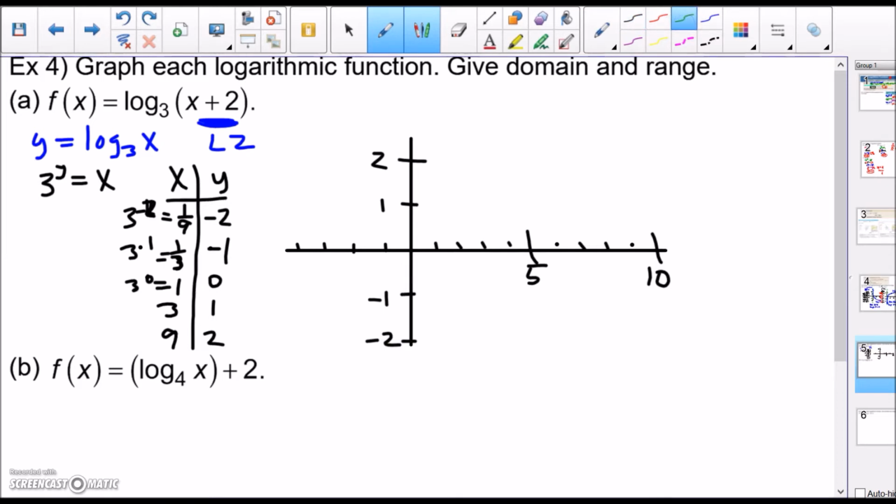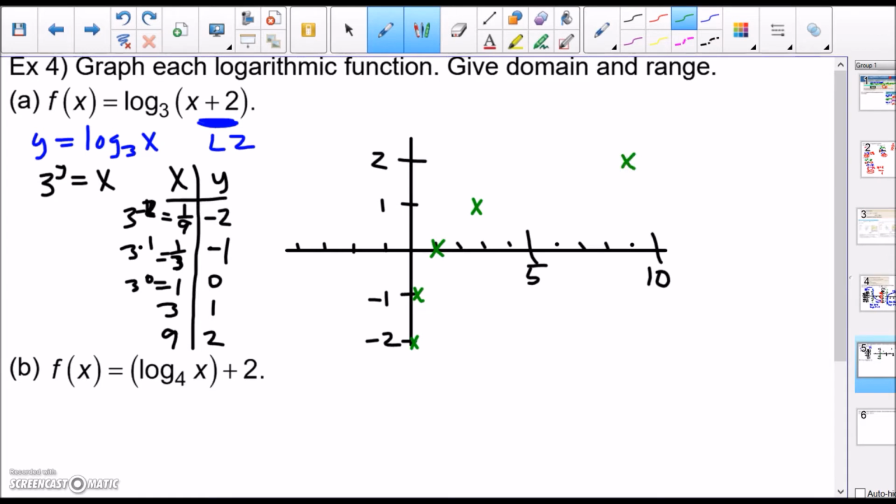So here's what I'm going to do. I'm going to graph this. This is basically log base 3 of x, and then I'm going to shift it left 2. So we've got 1/9, -2, which is right here. And 1/3, -1, which is here. 1, 0, 3, 1, and 9, 2.